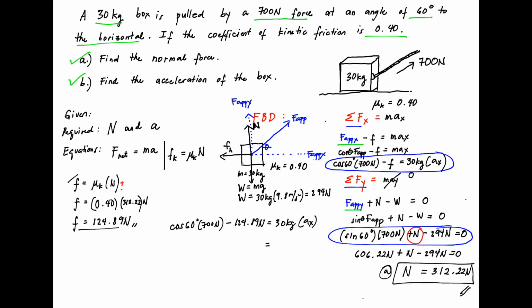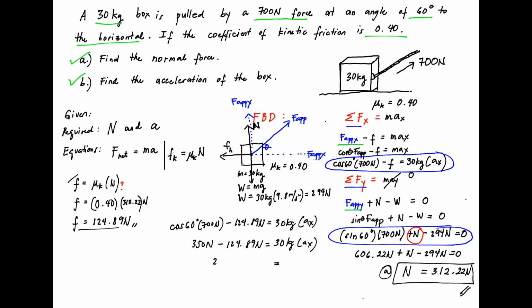Cosine 60 is 0.5 times 700, that is 350 Newtons minus 124.89 Newtons equals 30 kilograms multiplied by a x.